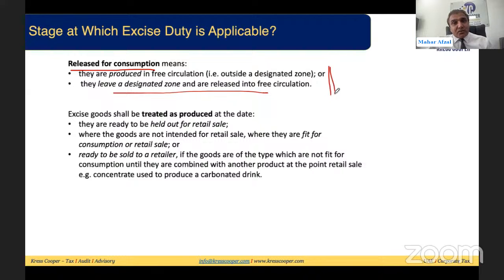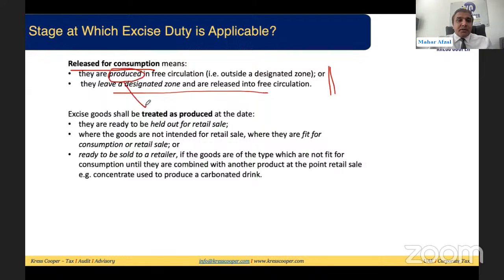Four parties are subject to excise duty, and we have discussed the stages as well. Release for consumption means whenever goods are produced or released from the designated zone, it will be assumed to be release for consumption, treated as produced. Now they have defined the word produced as well.